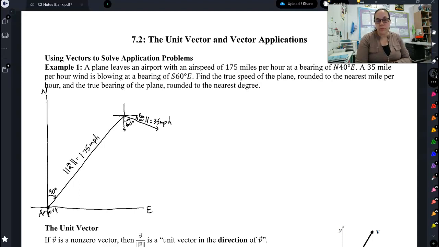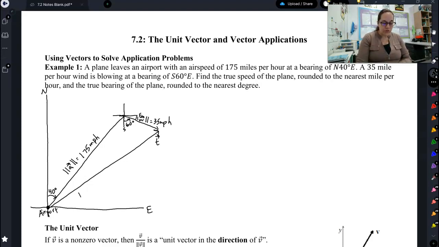So the true speed and bearing of the plane will happen when we add these two vectors together. And we learned in the last lesson that adding vectors together is when we go from the start of the first vector to the end of the second vector. So this right there is my true vector. I'm going to call that one vector T for true vector.